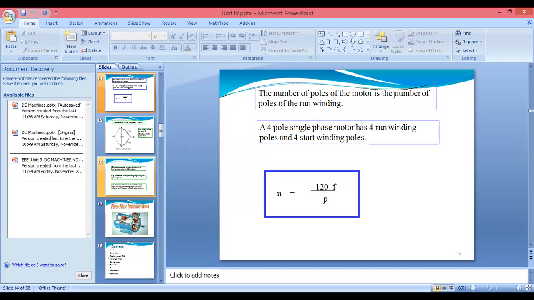It means the field winding which will rotate. On that, the number of poles of the motor will depend. If we have a 4-pole single phase induction motor, with 4 run windings and 4 start windings, at that time we can calculate N equal to 120 f upon P.